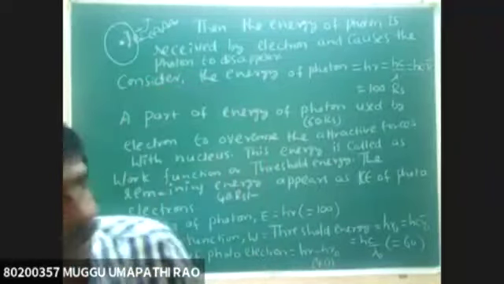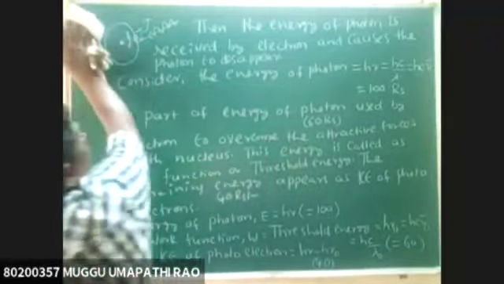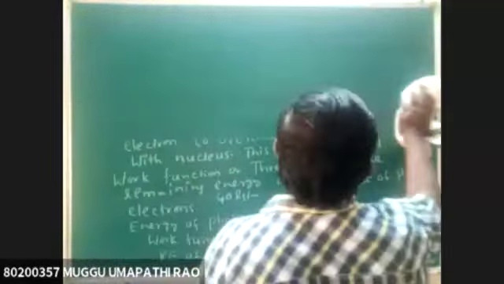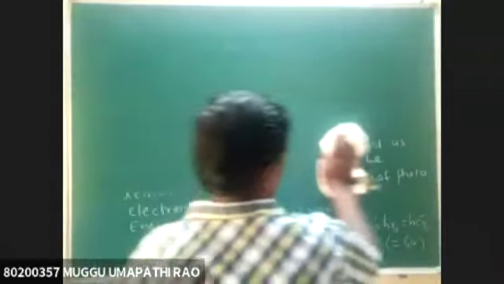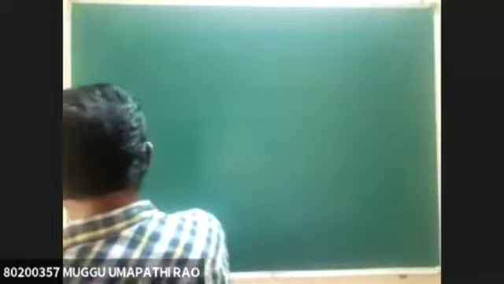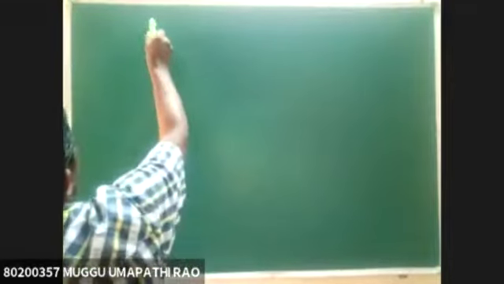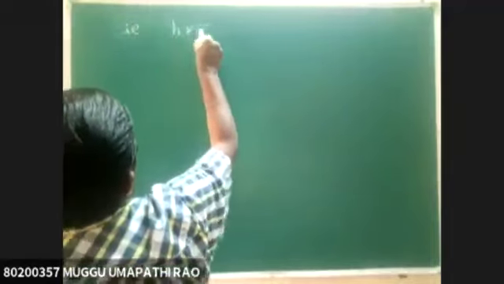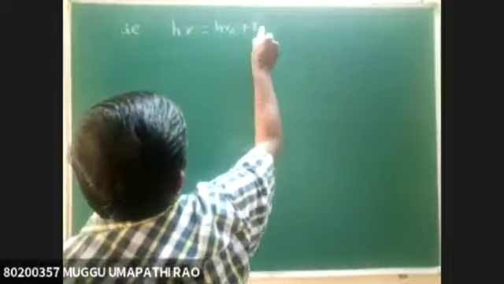Now I am going to write here. So what we understood here: h nu is equal to h nu naught plus kinetic energy, that is 100 rupees, 60 rupees, 40 rupees. Am I correct?